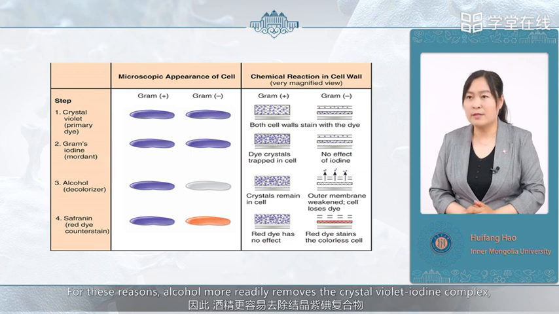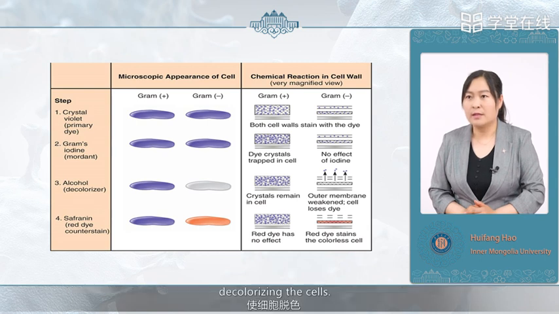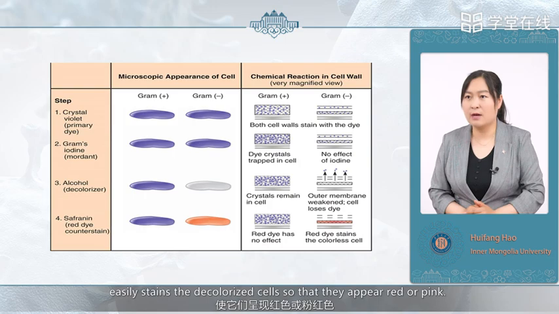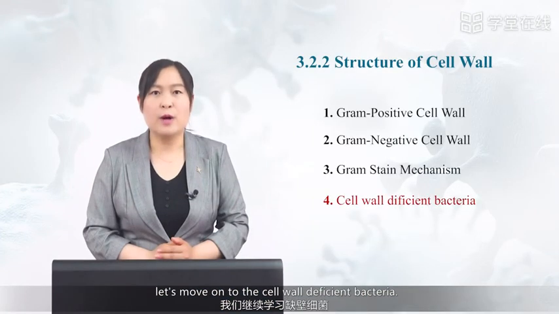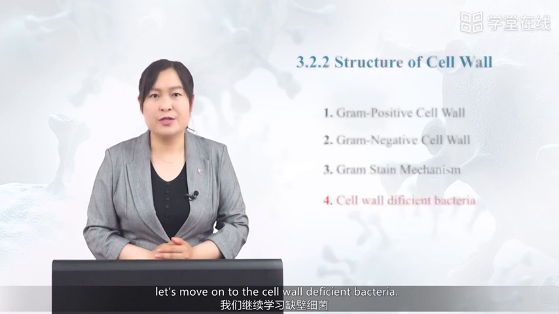For these reasons, alcohol more readily removes the crystal violet-iodine complex, decolorizing the cells. The counterstain safranin, also a dye with a net negative charge, easily stains the decolorized cells so that they appear red or pink. After we learn about the mechanisms of gram staining, let's move on to cell wall deficient bacteria.